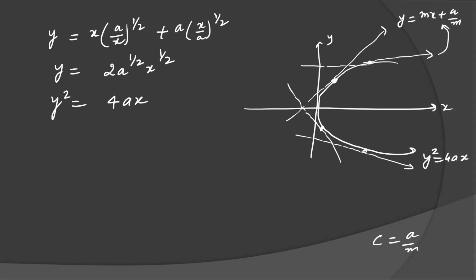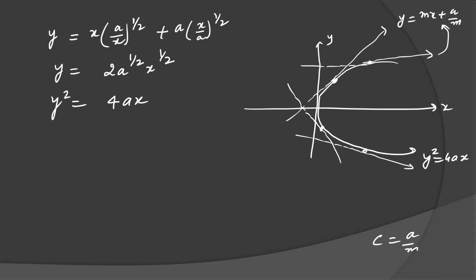So parabola is actually working as envelope of these tangents or these family of straight lines, because it is containing all the straight lines. I am representing family of straight lines because m is parameter here. For different values of m, we will get different straight lines.